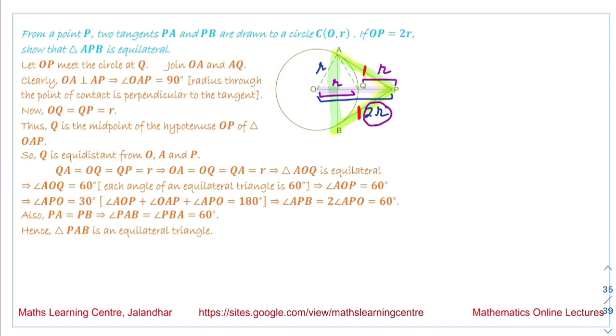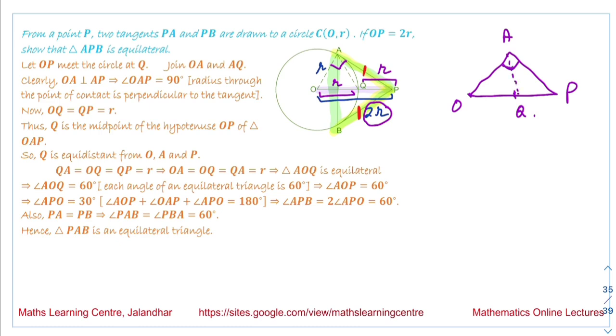If we look at the triangle OAP, it is right angled at A, so this angle is 90 degrees.